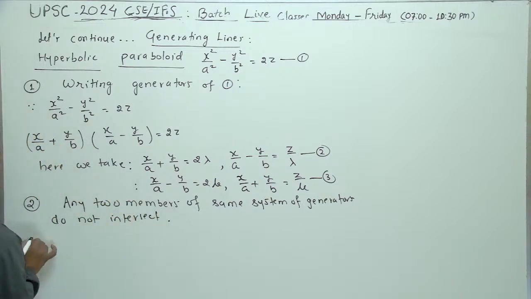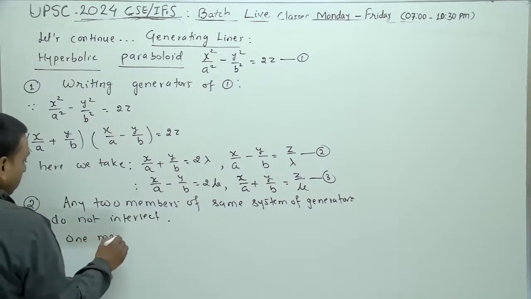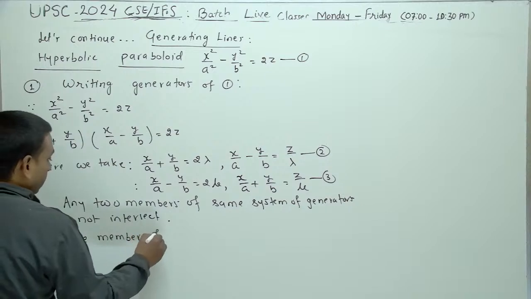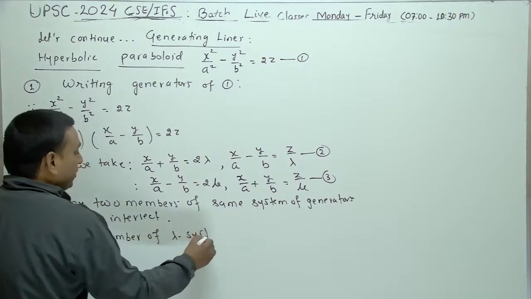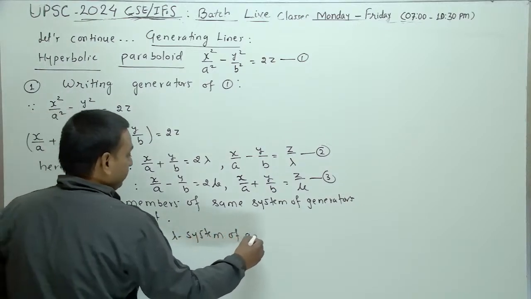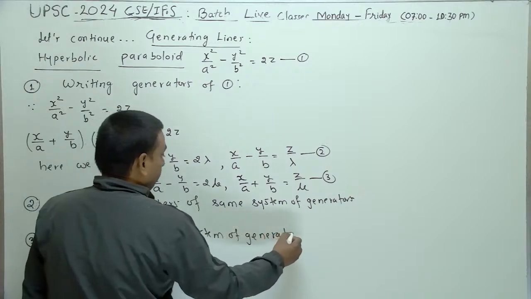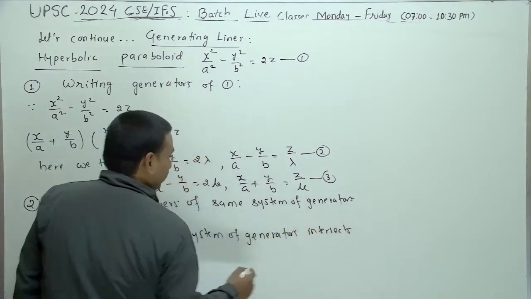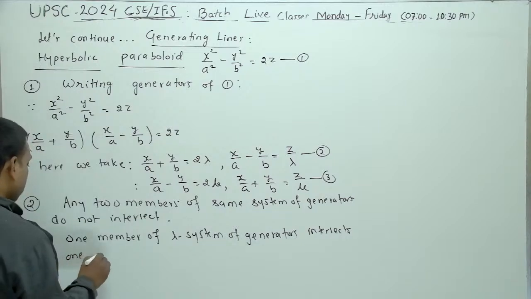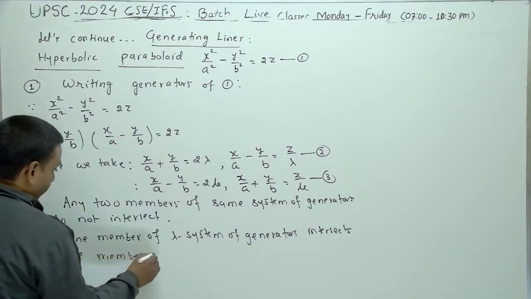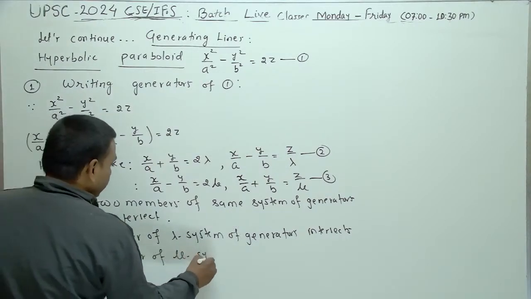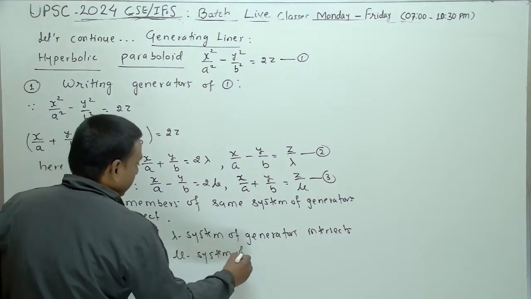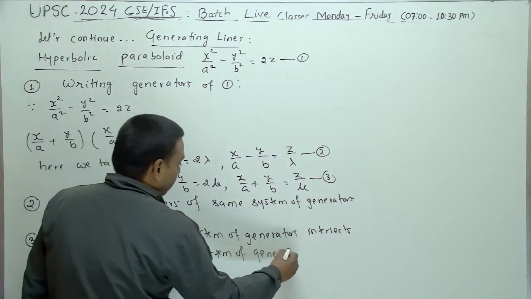The third property which I told you in the previous lecture: one member of the lambda system of generators intersects one member of the mu system of generators, right?